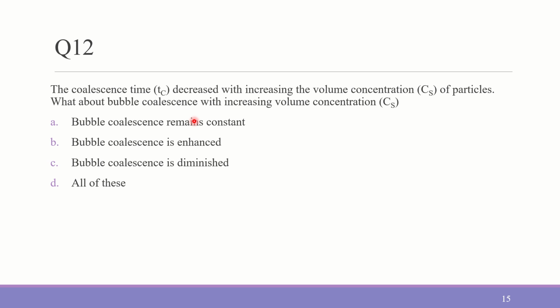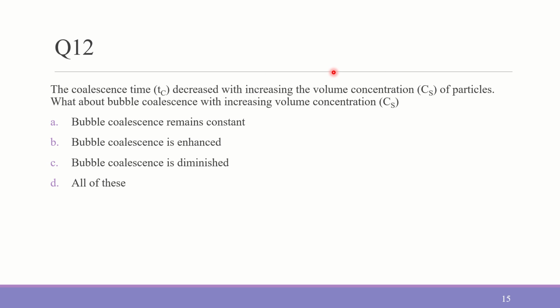Let us look at the question carefully first. The first statement given is that coalescence time decreased with increasing volumetric concentration of particles. So when you increase the volumetric concentration of particles inside the system, the coalescence time decreases. What happens to the bubble coalescence? Here the same condition is applicable; in both cases you are increasing the volumetric concentration.